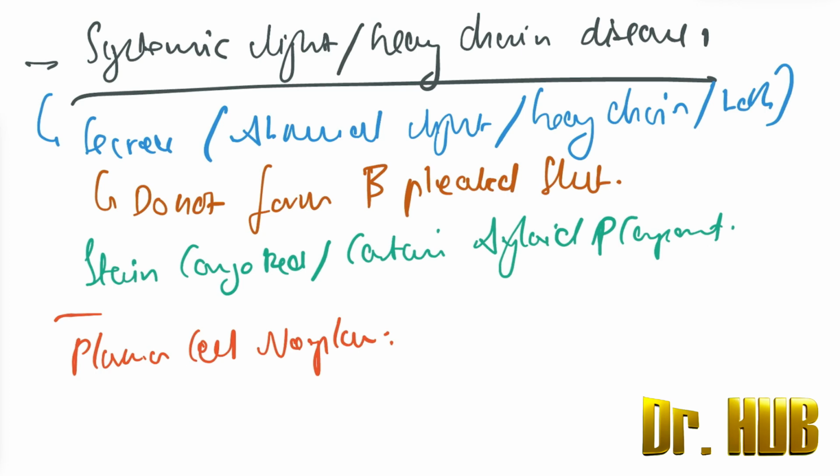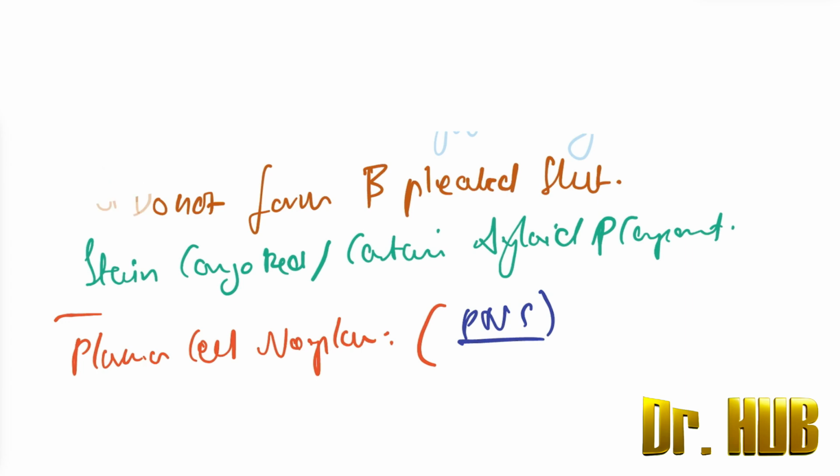Next we move on to the plasma cell neoplasm, as far as it is associated with the paraneoplastic syndrome, and under this there is POEMS syndrome. What is the expansion?